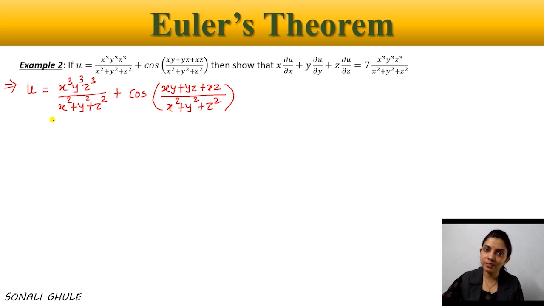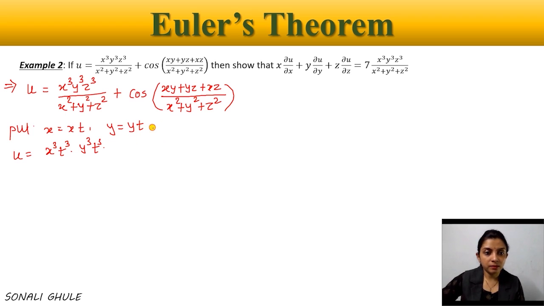Definitely I have to put x equal to xt and y equal to yt, and that should satisfy u of xt, yt is equal to t raised to n times u of xy. Right? So here put x is equal to xt, y is equal to yt. So u is equal to, when I put x equal to xt, y equal to yt, x cube t cube into y cube t cube. I am replacing x, y and z, so z also I have to put zt.